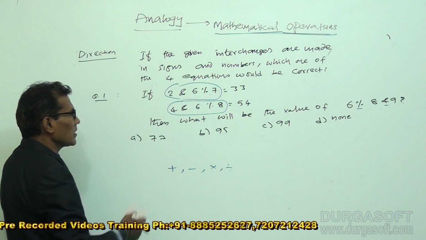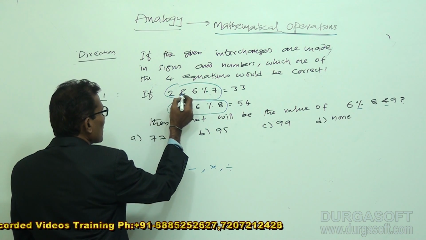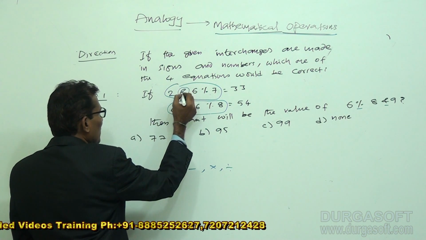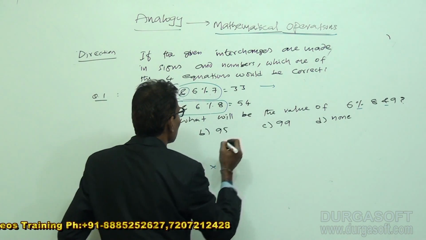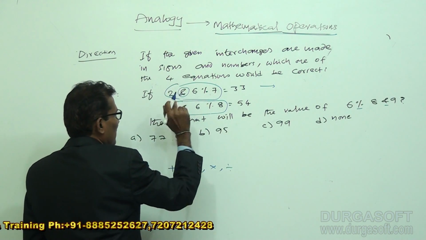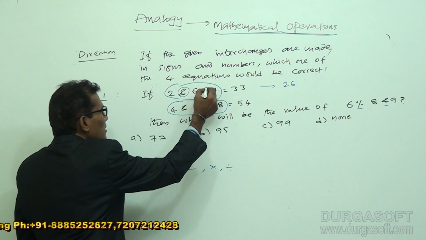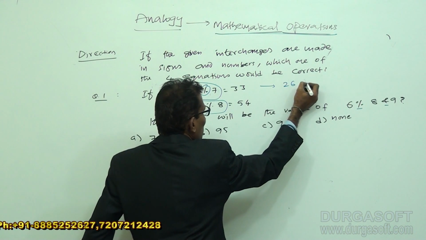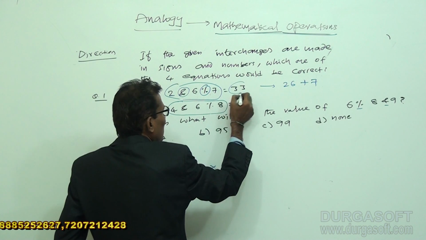Sometimes even these basic operators may not work out. So by observing this, my idea is to just remove the 'and' symbol between them and take this as 26. My idea is that I am getting 33 by removing the symbol 'and', which simply gives 26. And instead of this percentage, if we write plus and then 7, 26 plus 7 is going to be 33.